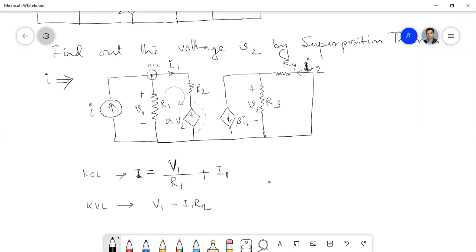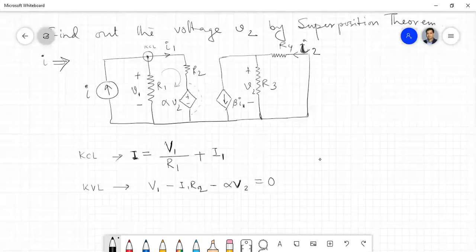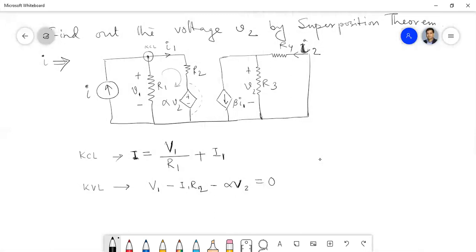That is the drop in R2, and then minus alpha V2 equals 0. কি এটা হবে না? সিম্পল হিসেবে নাও না, তো কমপ্লিকেটেড ভাবছো কেন? Already V1 is defined. Why will I take I minus I1? Already V1 is defined, so you just take a small loop and use KVL. So V1 minus I1 R2 minus alpha V2 equals 0.